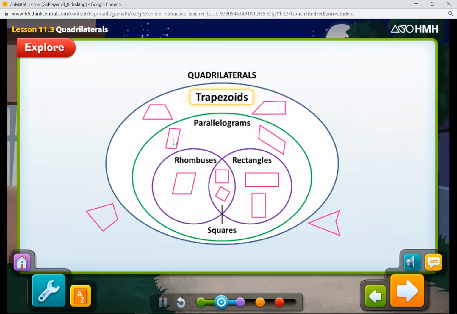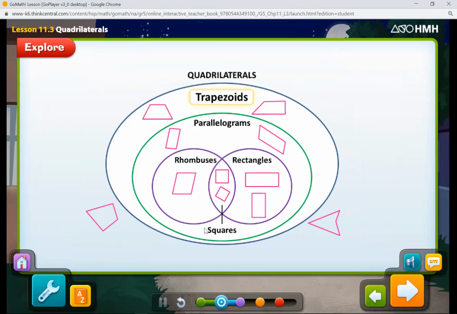But I have two figures that are not only trapezoids, but they're also parallelograms because they have two pairs of parallel sides. And then I've got two figures here that are not only rectangles, they're also parallelograms and trapezoids. And over here, these guys are trapezoids, parallelograms, and rhombuses because all 4 sides are equal.